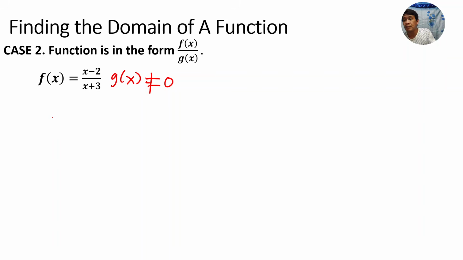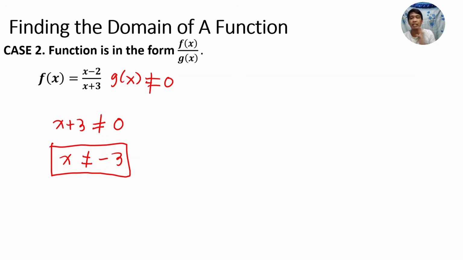Meaning to say, x plus 3 must be set not equal to 0. Then solve for the value of x. We have x must not be equal to negative 3. This is the only value of x that must be excluded for our function to be defined.